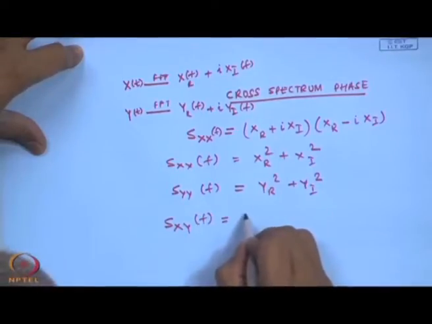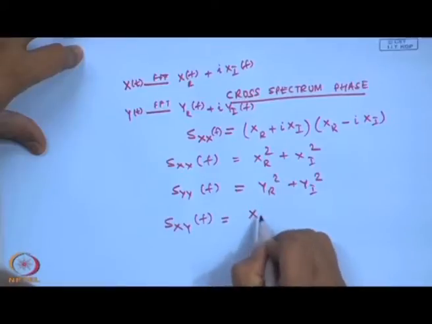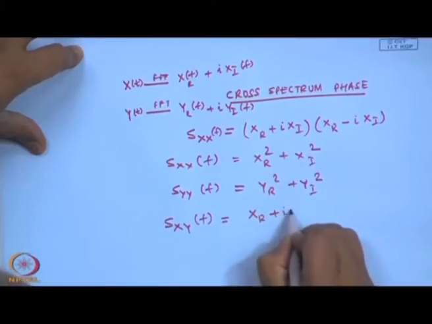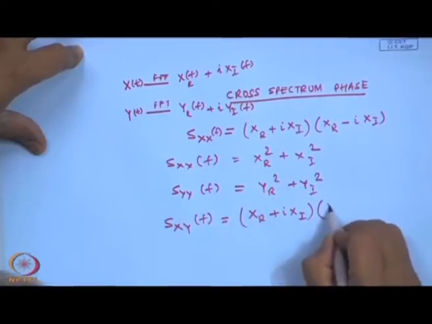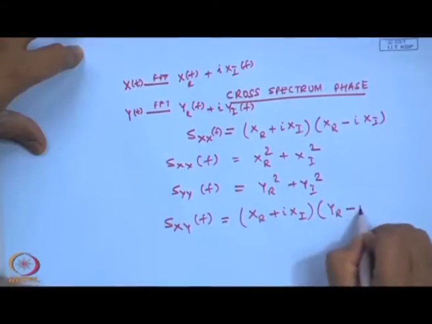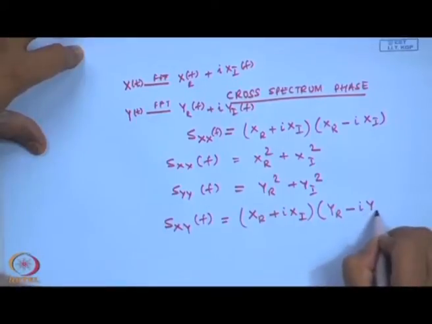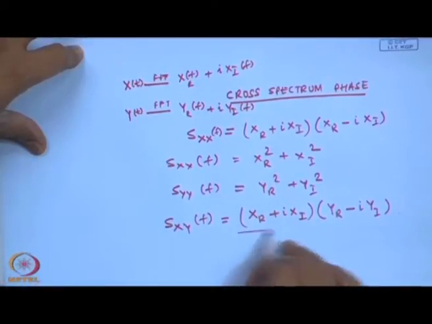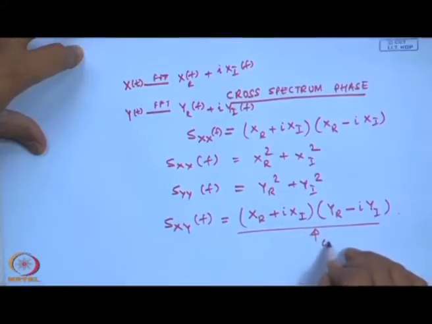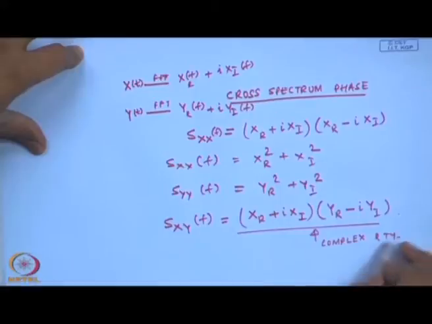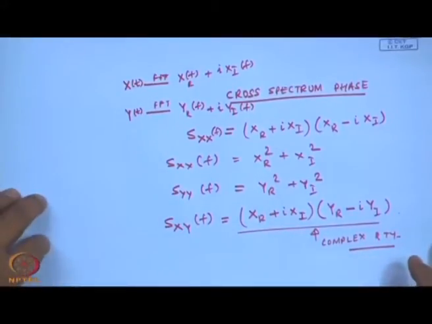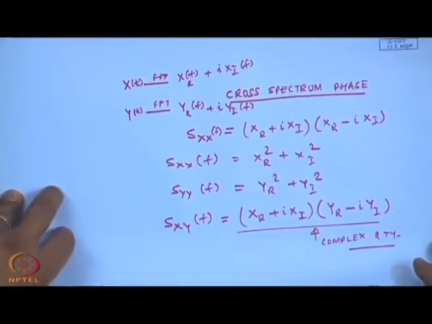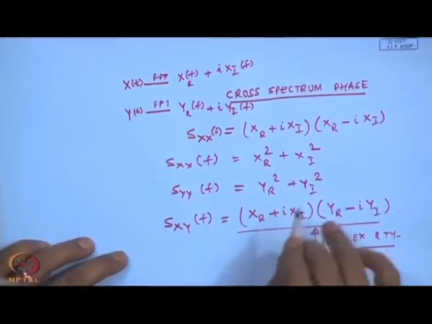But there is another component which is known as the cross spectrum. Sxy(f) is nothing but xr plus i xi times yr minus i yi, and you will see that this is a complex quantity. Okay. I will not go into the details of this.